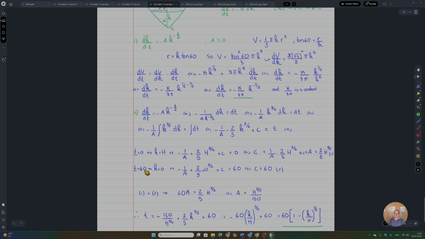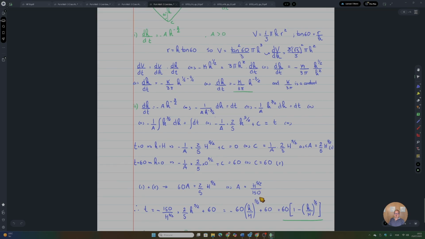When t equals 60, the lowercase h is going to be 0, right? So again, I'm now going to substitute h by 0 and t by 60 and solve it, and I'll find c is going to be 60. Okay, so combining these two, I can substitute the 60 over there and solve it for a. And a is just going to be capital H to the power of 5 halves over 150.